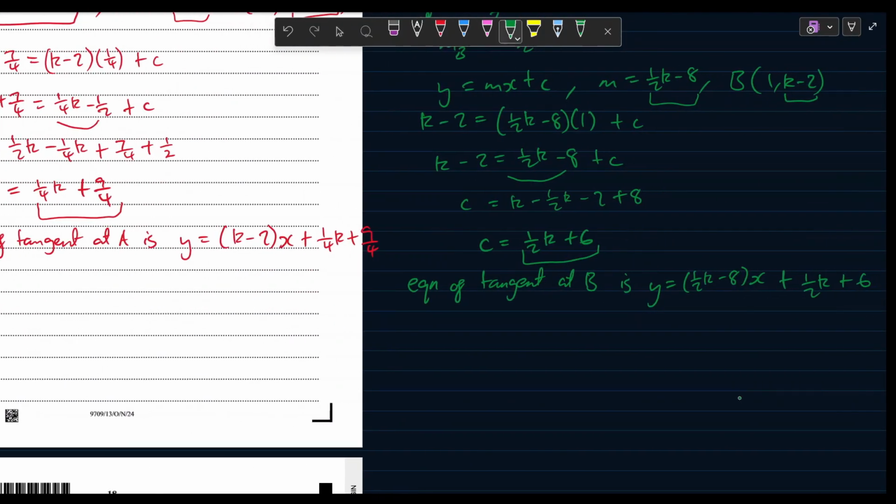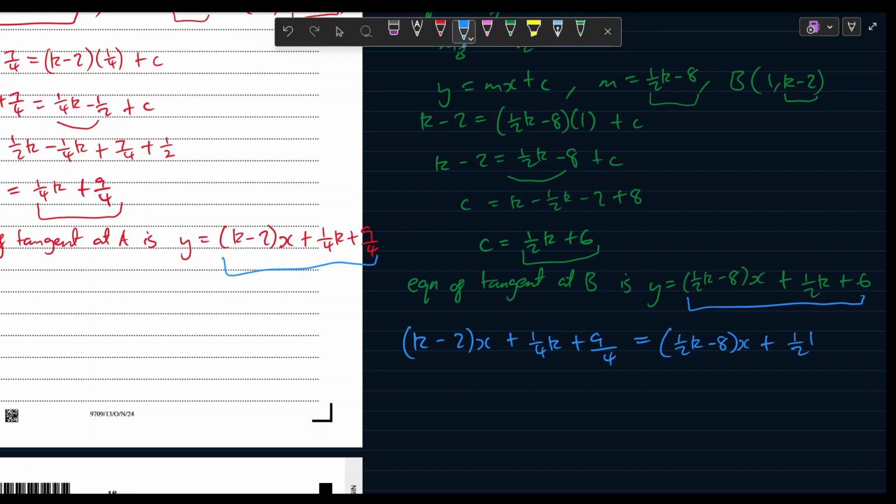So we can just go ahead and equate the two. We've got this one, k minus 2x plus a quarter k plus 9 over 4, and this is equal to this part, half k minus 8x plus half k plus 6.